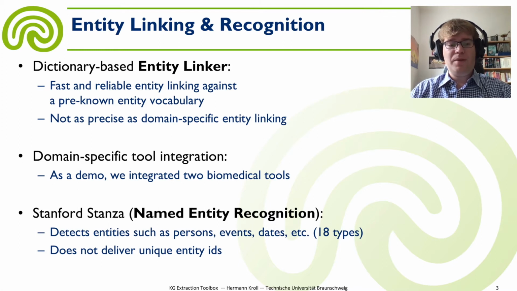The main problem here is that Stanford Stanza does not deliver unique entity IDs. So maybe one named entity might be Obama, and another named entity might be Barack Obama, and you must later identify that both belong to the same concept. But Stanford Stanza does work out of the box, and you can apply it in your domain of interest.